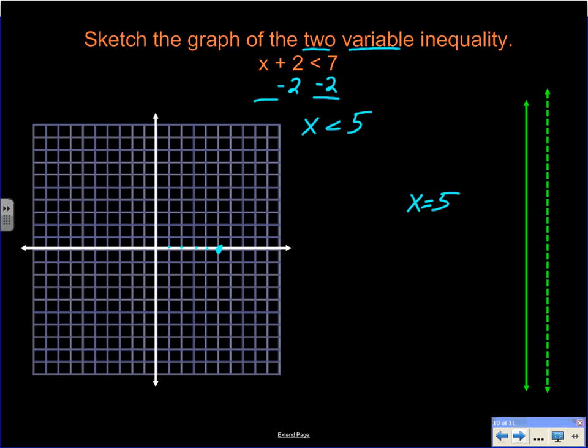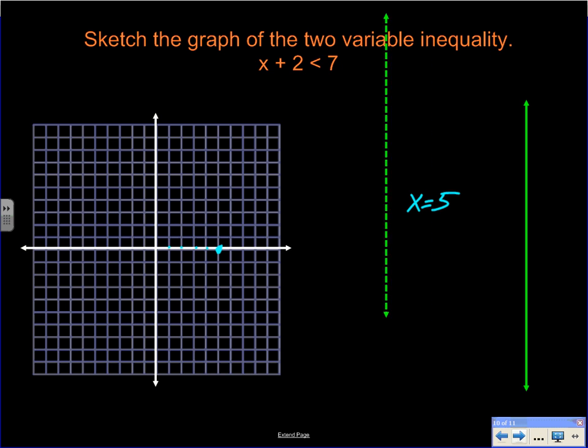Is it a solid or a dashed line? It just says less than, so that means it's a dashed line. It's a vertical line that crosses the x-axis at +5.